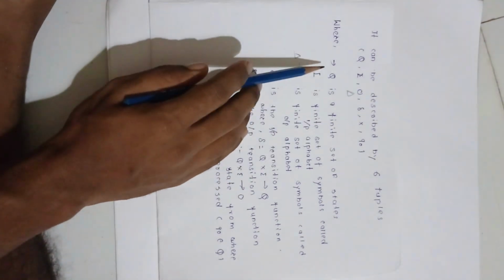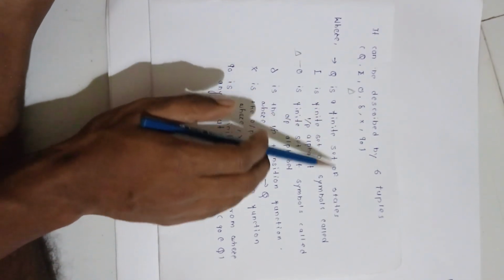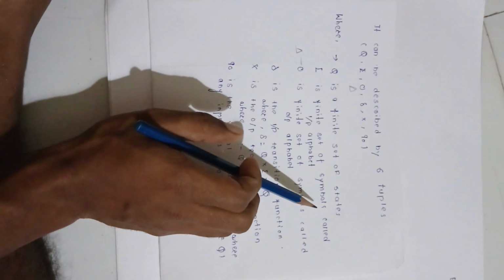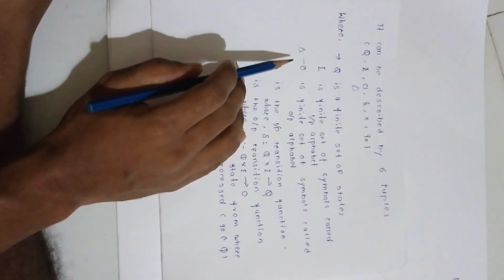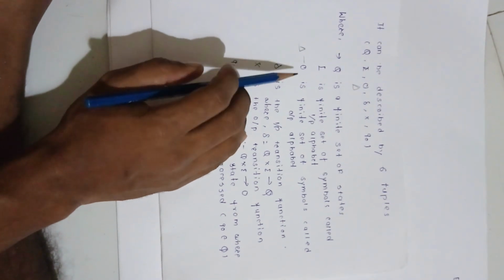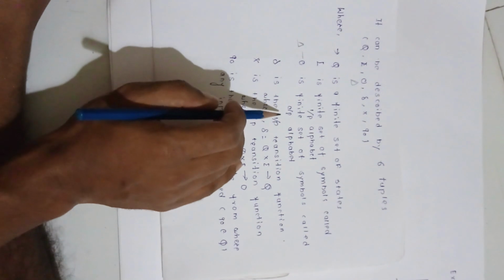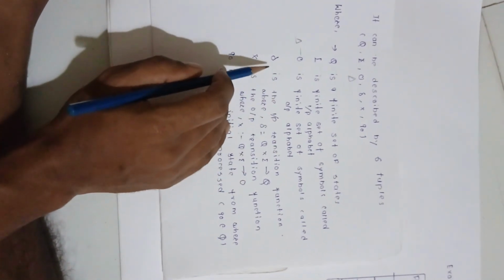These six tuples indicate that Q is the finite set of states. Sigma is the finite set of symbols called the input alphabet. O, or also known as delta, is the finite set of symbols called the output alphabet.